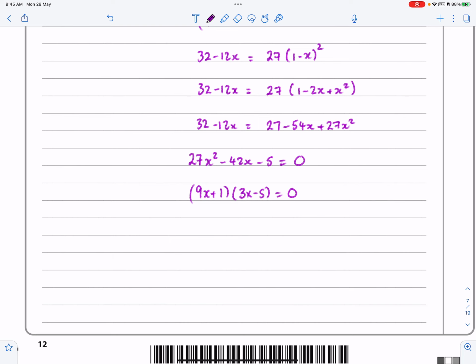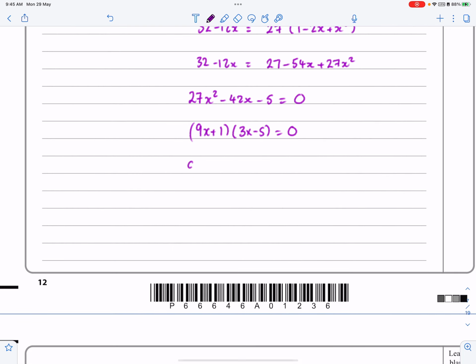But either way, if you manage to do it, it factorizes down to that. So that's 9x plus 1 equals 0, or 3x minus 5 equals 0, which gives us our final answers of x equals minus 1 over 9, or x equals, what's that, 5 over 3. So those are my two answers.